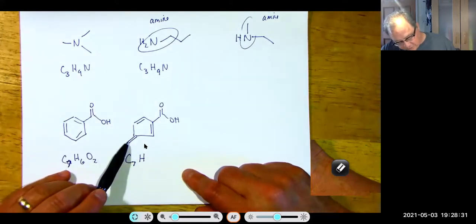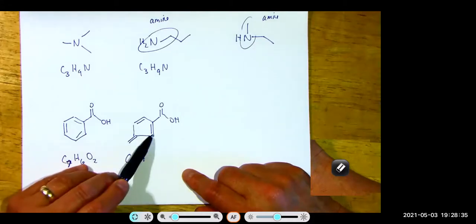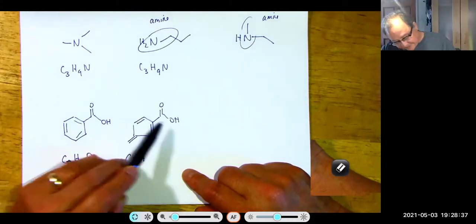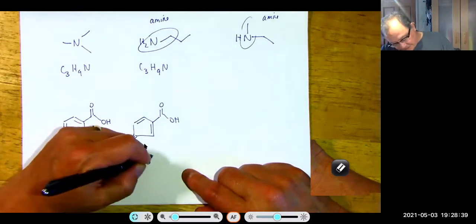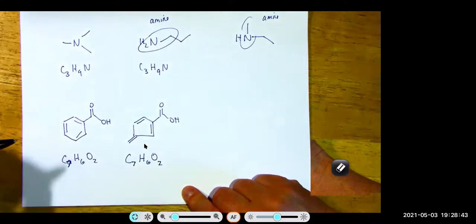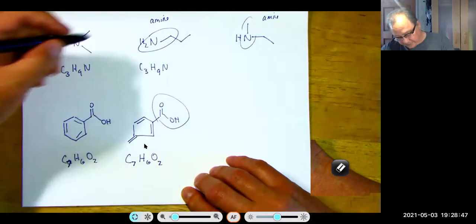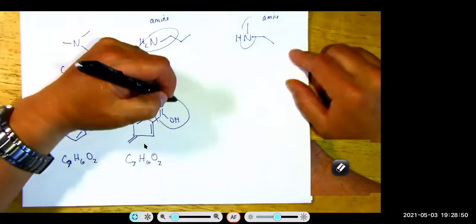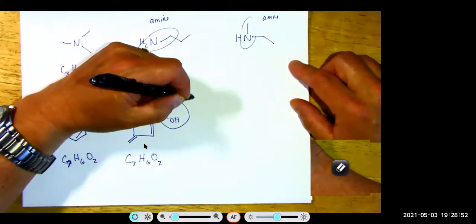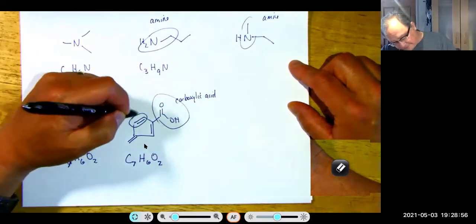How many hydrogens do we have? 1, 2, 3, 4, 5, 6. Ooh. How many oxygens? 2. Boom. What do we call that? The carboxylic acid. What do we call that?